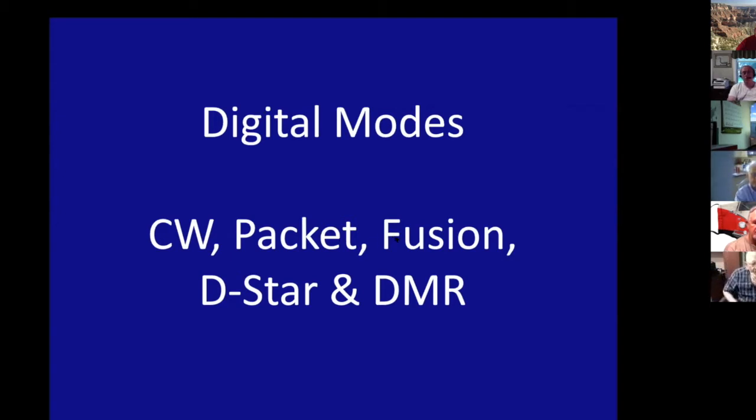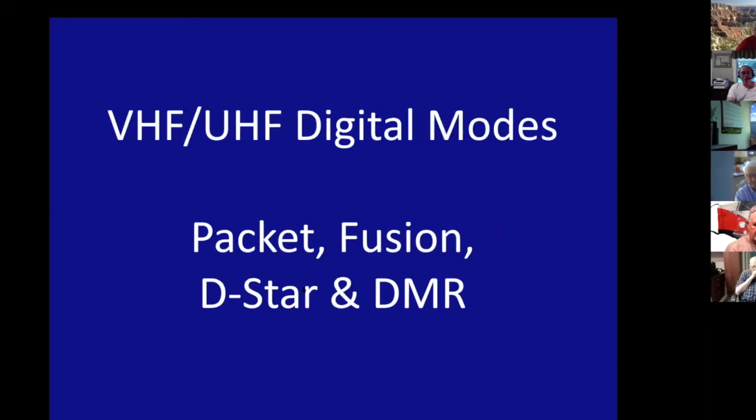And then in the last few years, in response to the use of DMR radio, which was really started by Motorola as a commercial use of the radio, some of the manufacturers have come out with ham radio alternatives using digital radio. And two of them are Fusion and D-Star. They are not DMR radio, but they are digital radio.